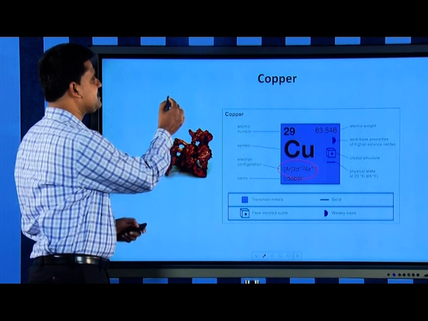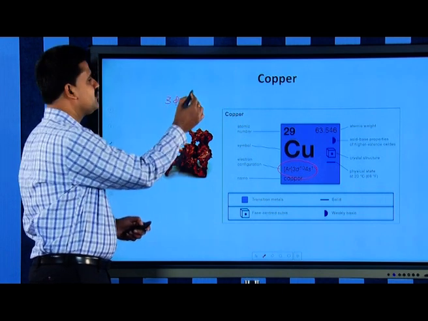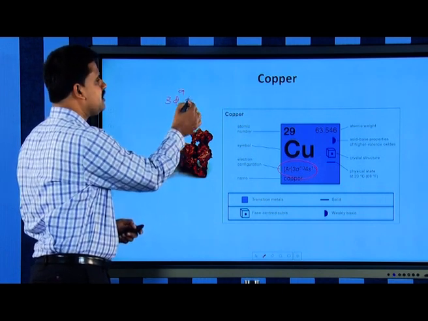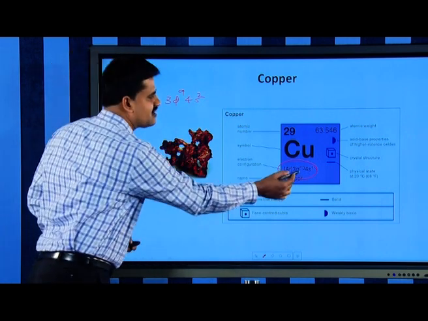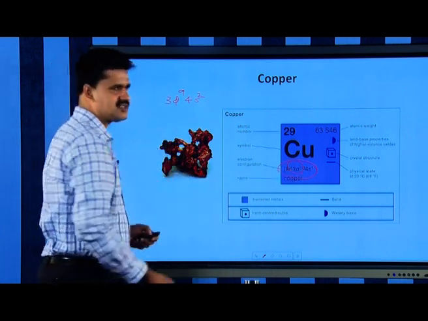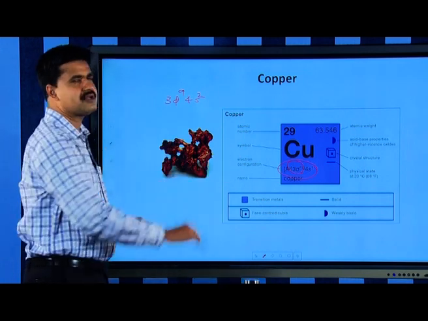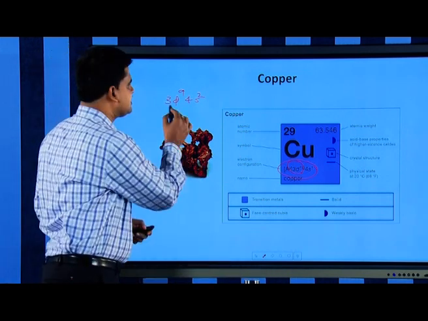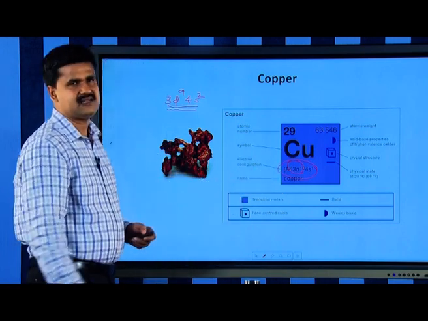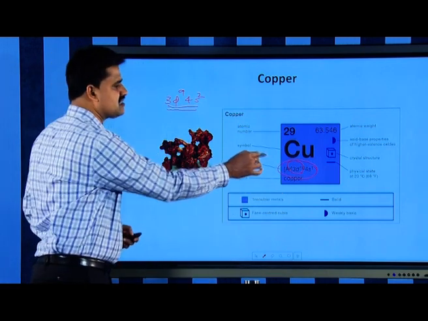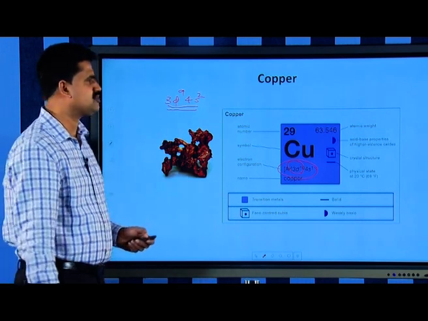The anticipated electronic arrangement for copper is 3d9 4s2, but owing to the extra stability associated with the completely filled d subshell, copper shows an exceptional configuration. That is, this is the anticipated configuration, and this is the correct configuration. The exception is due to the extra stability of the d10 arrangement.